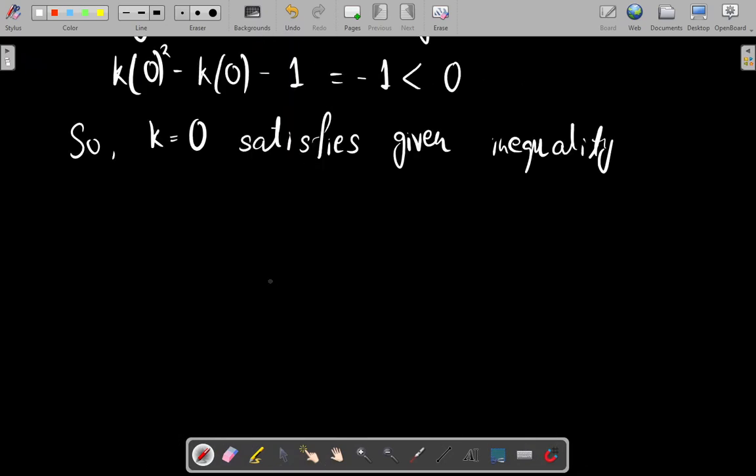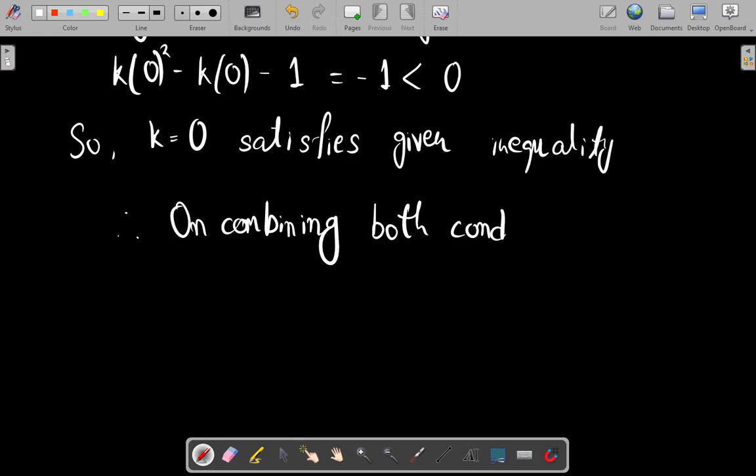So on combining both conditions, we get that the complete range of k should be from −4 excluded to 0 included.